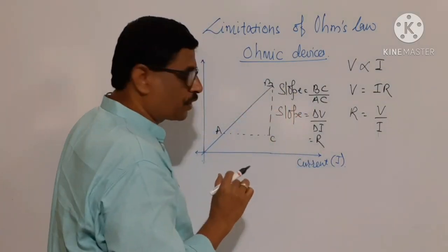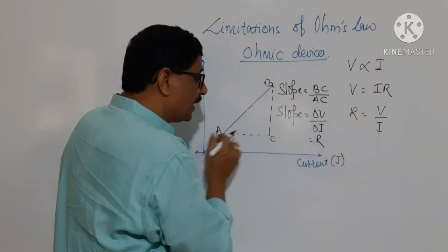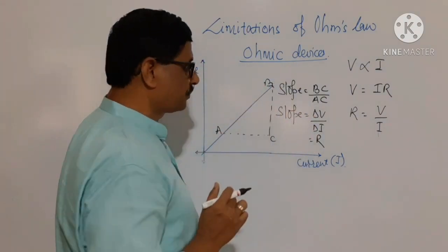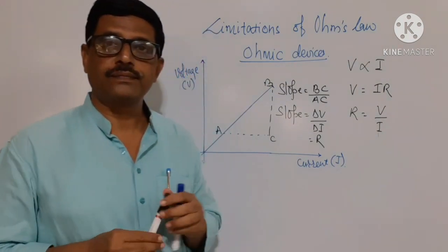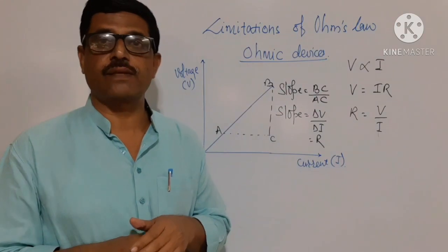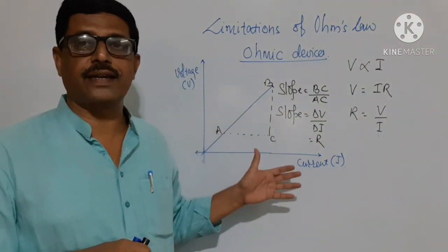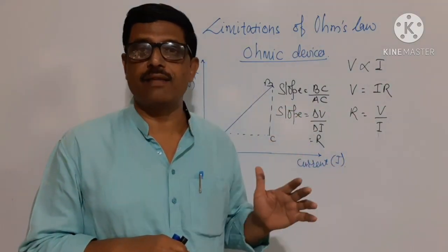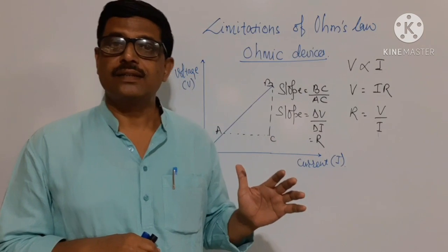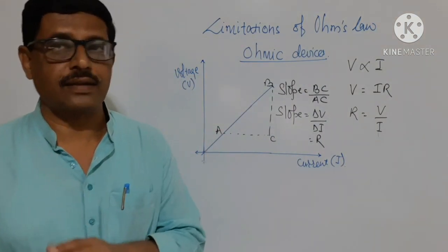BC is the change of potential difference and AC is the change of current, and it will be constant throughout the straight line. Such types of devices in which the graph of V against I is a straight line are called as the ohmic devices, in which the graph is linear and a straight line.